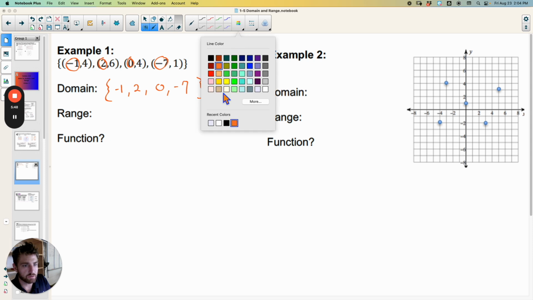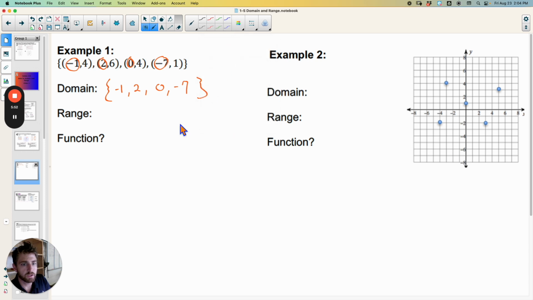And let me change colors for the range. Let's do blue. So for the range, I've got 4, 6, 4, and 1. And I'll use brackets around that as well.